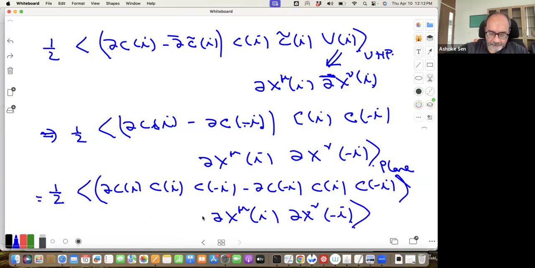This 2-point function basically gives you minus η^{μν} over 2 times (i minus (−i)) squared. This is from the ∂X OPE. Remember, it was minus η^{μν} over 2(z minus w) squared, and that's what I'm using here.